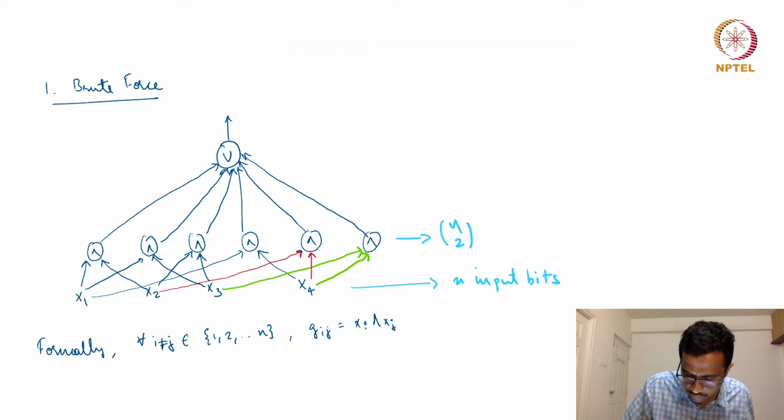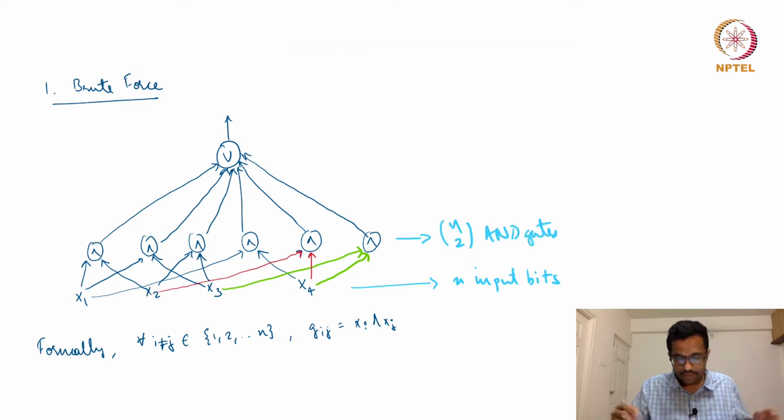Because n is 4, we have 6 AND gates. Basically all possibilities: x1 x2, x1 x3, x1 x4, then x2 x3, x2 x4 and x3 x4. 6 possibilities with the 4 inputs. So in general it is n choose 2 AND gates.